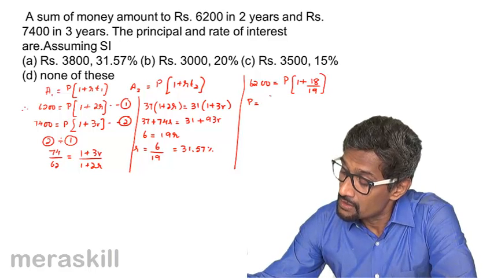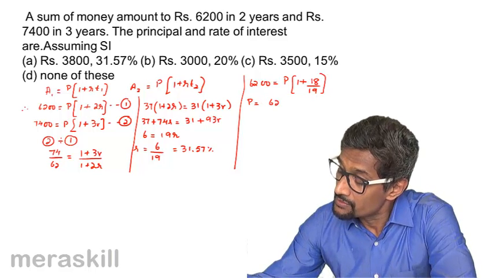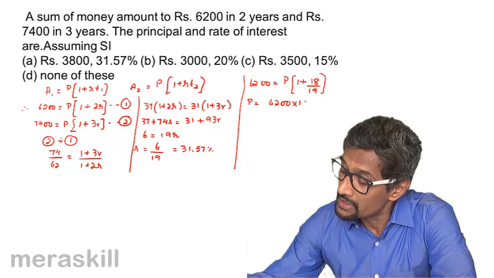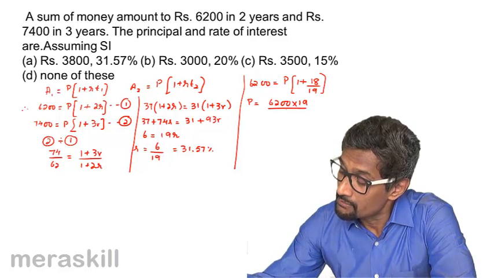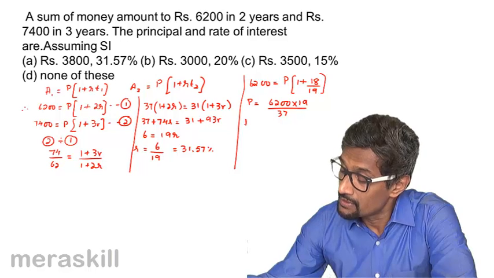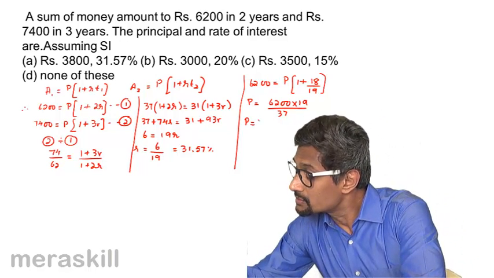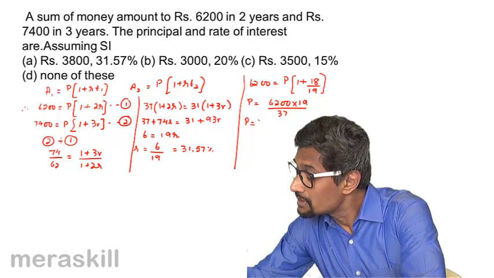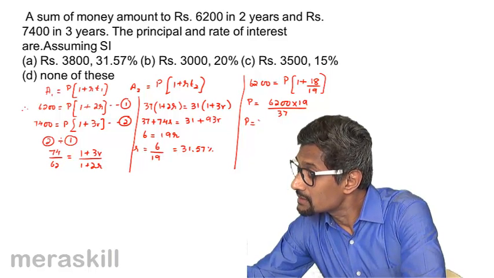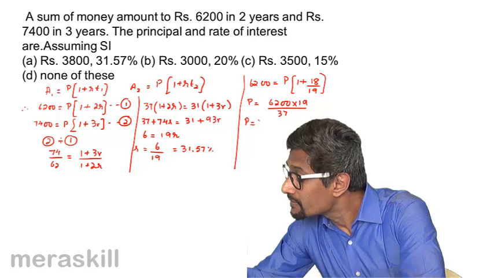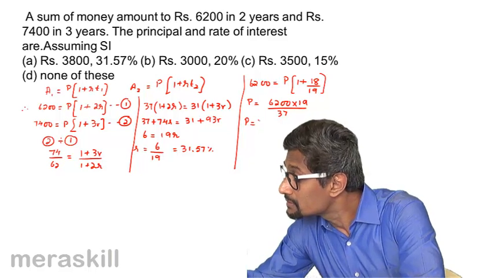So P turns out to be 6,200 into 19 upon 19 plus 18, 37. So what is that turning out to be? 6,200 into 19 divided by 37.